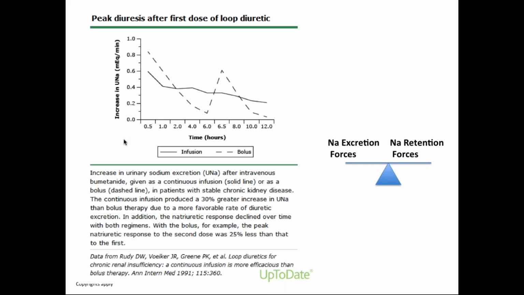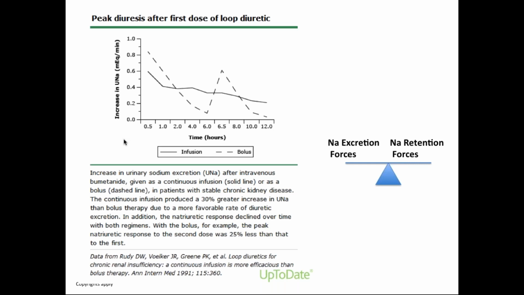So actually I did not put in hyperaldosteronism. There is an escape that happens. I didn't put the slides or the balance studies that have been done with hyperaldosteronism. And so when you have hyperaldosteronism, you generally don't see patients with edema. The reason you don't see that is because you have these sodium excretion and retention forces.